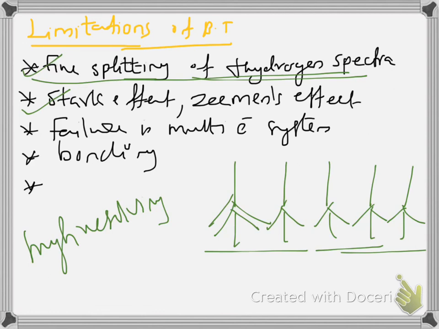If we are able to apply magnetic field, then there also we can see splitting of spectral lines. That is called Zeeman effect. He failed to explain both these effects, Stark and Zeeman. Why there is a splitting of spectral lines when we are applying electric or magnetic field perpendicular to the spectral lines.